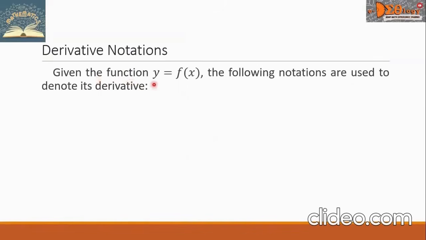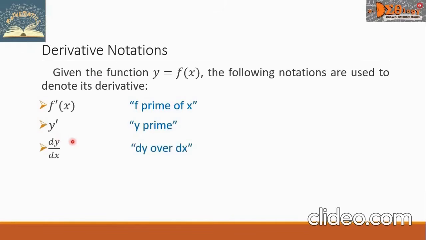Given the function y equals f of x, the following notations are used to denote its derivative. This is the first notation, and we read this as f prime of x. The second notation is here, and we read this as y prime. This is the third notation, and we read this as dy over dx.